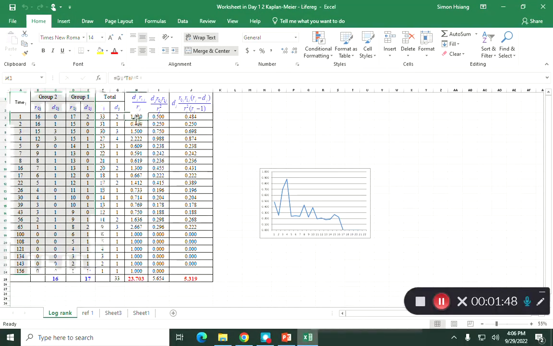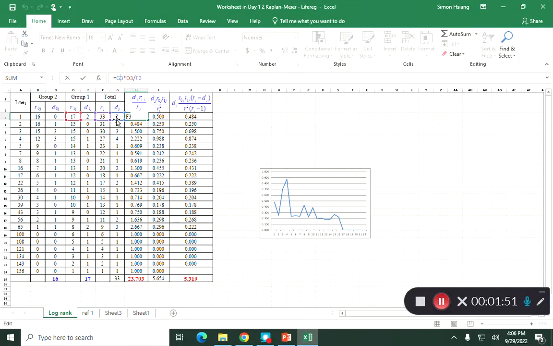Here, what we did is the total: you combine the two groups, two cohorts together, 16 and 17 becomes 23, and then the total deaths is the combined deaths of the two groups together.